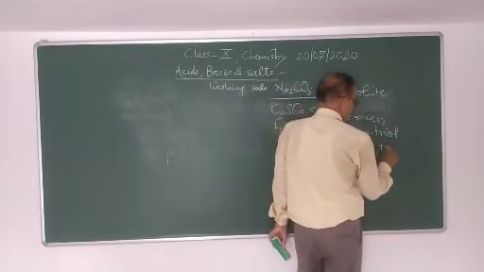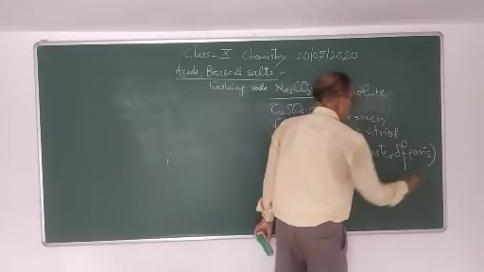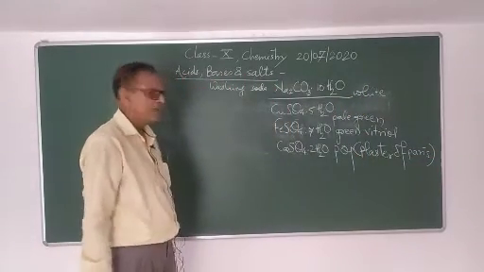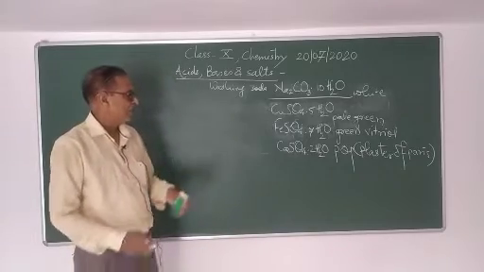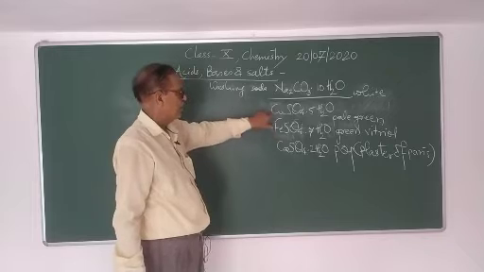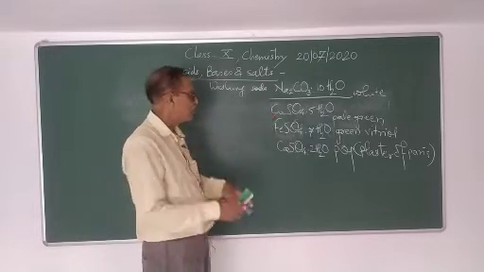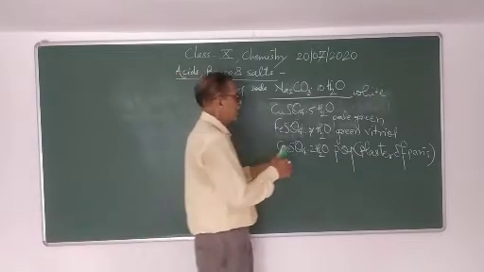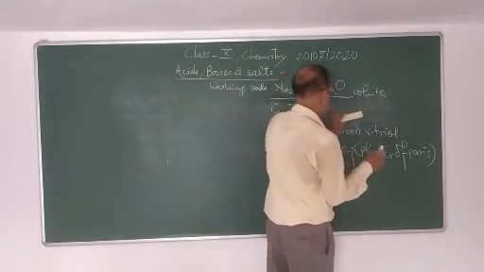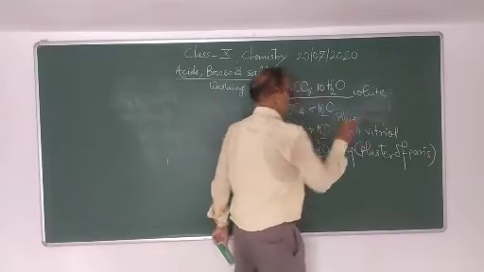Now CaSO4·2H2O is the plaster of Paris. This is green vitriol, ferrous sulfate. This is copper sulfate having blue color.